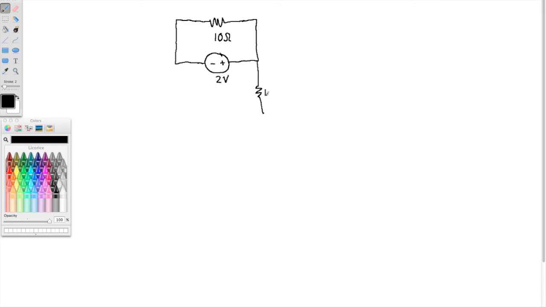And then we have a 4 ohm resistor here and a 7 amp source, a 2 ohm resistor here, and a 2 amp source here.